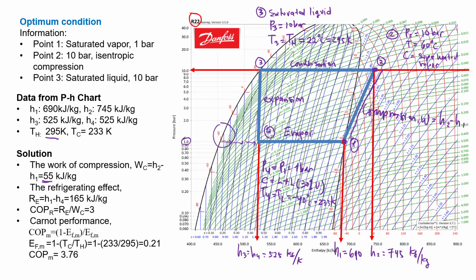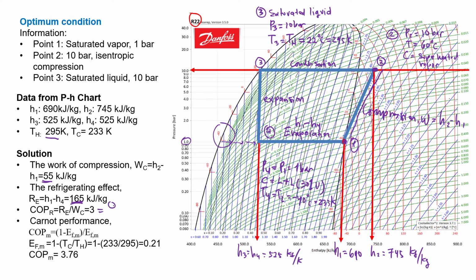This is equal to H1 minus H4, in this case equal to 165 kilojoule per kilogram.